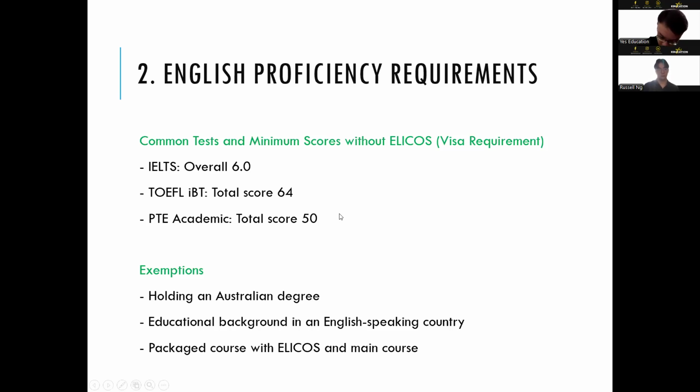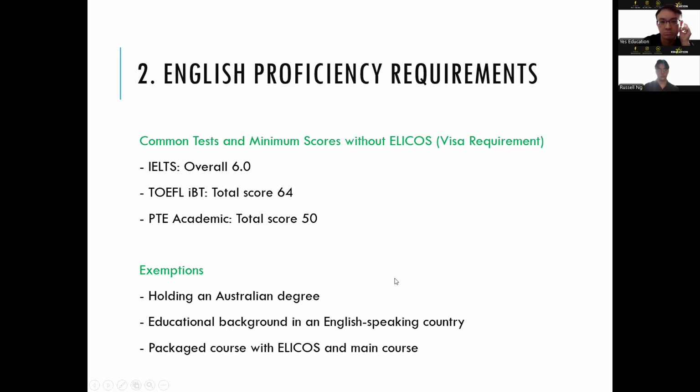That's the new requirement. It used to be a little bit lower, like 0.5 lower for the IELTS. And there are some exemptions for that. For example, if you hold an Australian degree, or you have a long education background in an English speaking country, like the US, UK, Canada. It doesn't include Singapore. Singapore isn't in those countries.